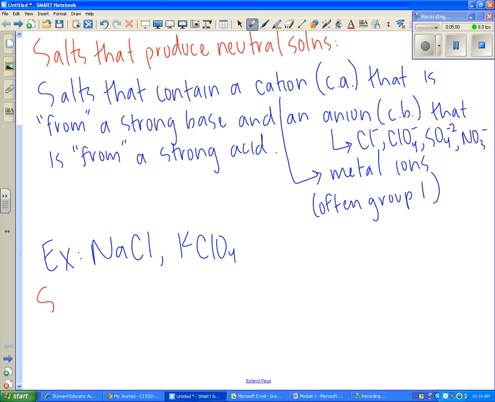All right, let's take a look at salts that produce basic solutions.